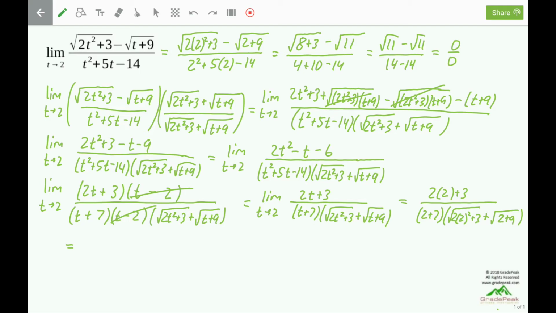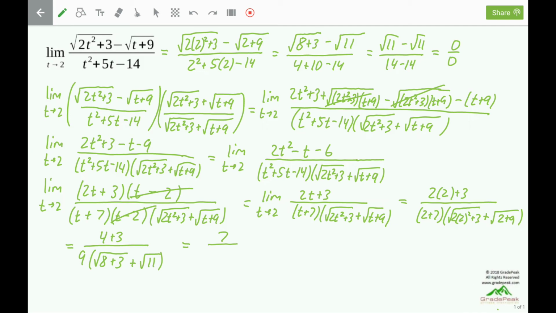That comes out to, in the numerator, 2 times 2 is a 4 plus a 3. In the denominator, 2 plus 7 is a 9. And then 2 squared is 4 times another 2 is an 8 plus a 3 plus the square root of 2 plus 9, which is the square root of 11.